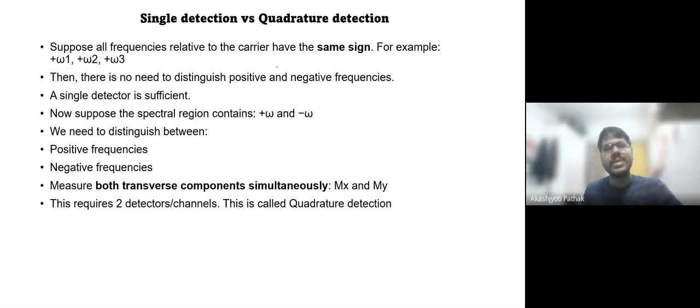What happens in single detection is that suppose we want to detect only the signals which are positive, then all frequencies relative to the carrier have the same sign. All the frequencies that we want to detect have a plus sign: plus omega 1, plus omega 2, plus omega 3. Then there is no need to distinguish.